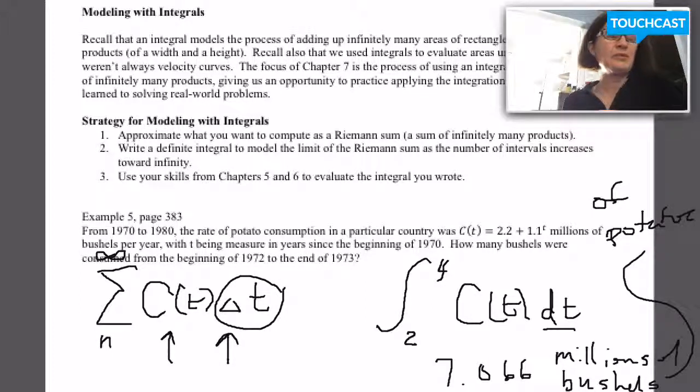So just a word about those units. If C is measured in millions of bushels per year and time is measured in years, then millions of bushels per year times years, the years cancel out, give us units of millions of bushels of potatoes.